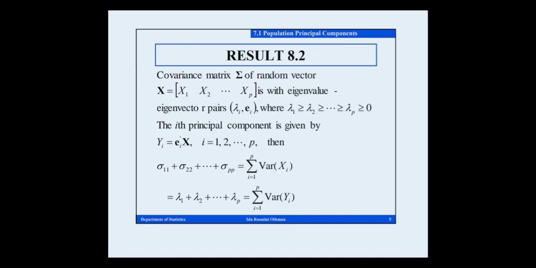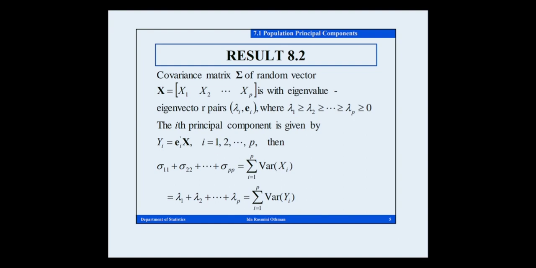Okay, let's see the next theorem, result 8.2. Your textbook, page 432. So this theorem saying that, we know that this is the ith principal component tadi from the previous theorem, result 8.1.